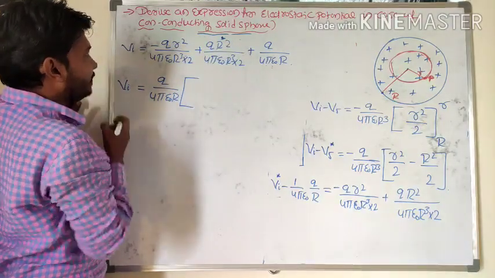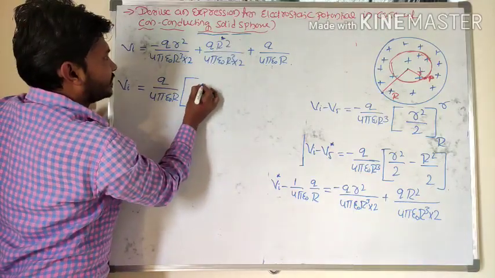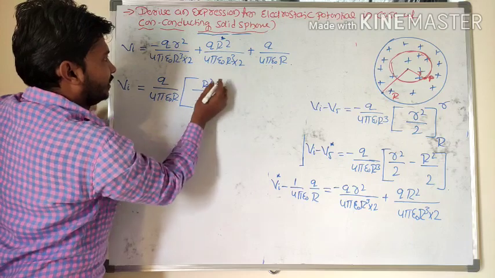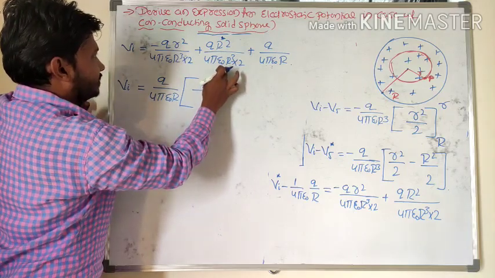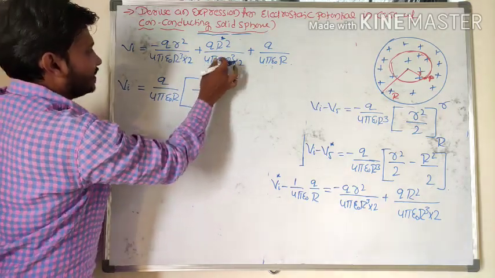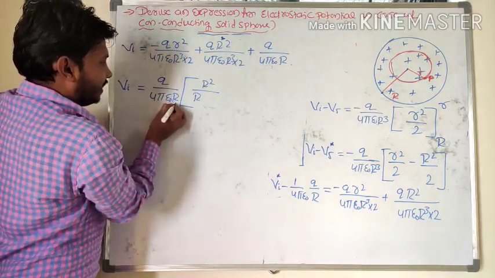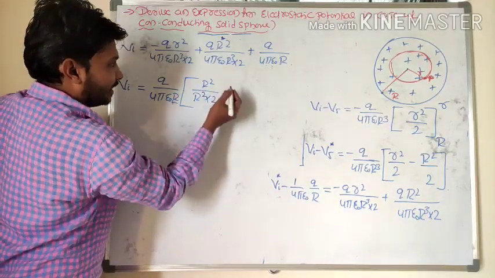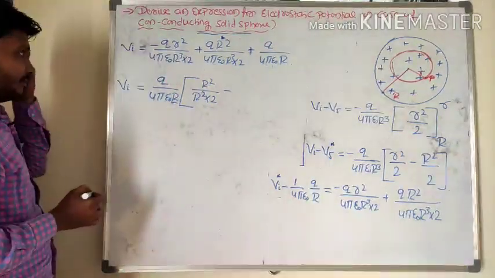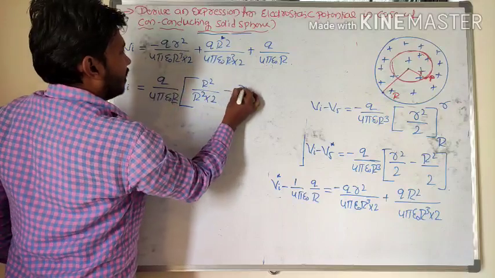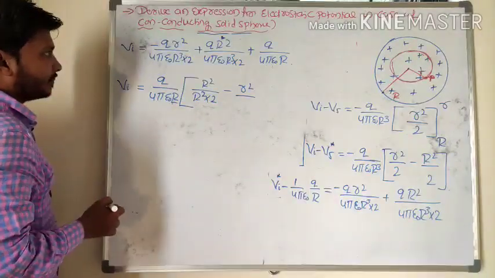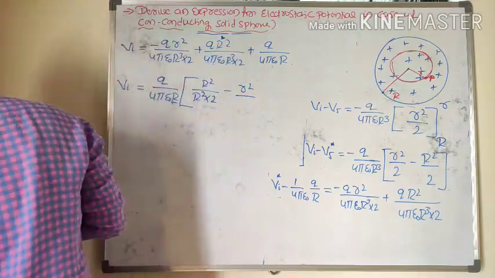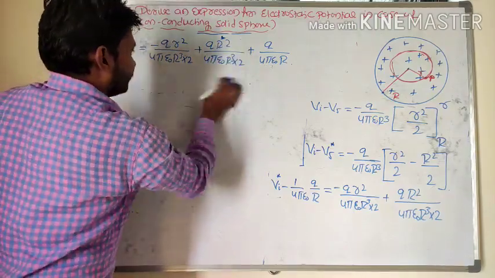In this one r square term is there, so r square divided by, so r square term is there. One term is already taken outside here, r square into 2 getting cancelled out.